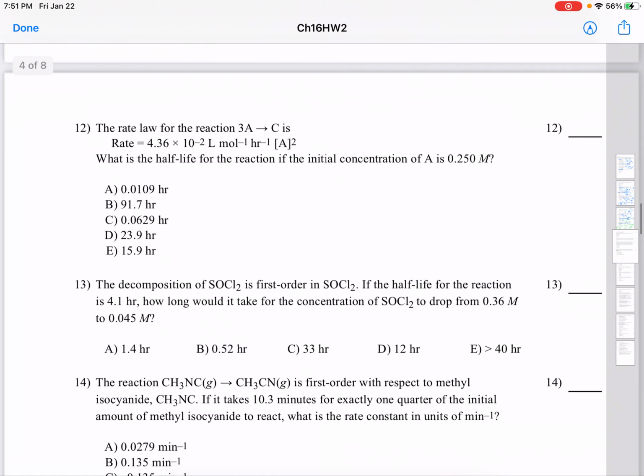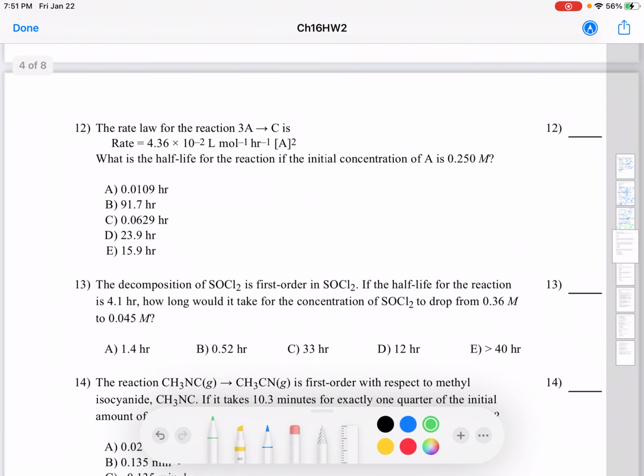And for number 12, the rate law for the reaction 3A to C is given in liters per moles per hour, with A raised to the order 2. Meaning this is also a second order reaction, right? Because the units are for second order, and also you can see 2 is right there.